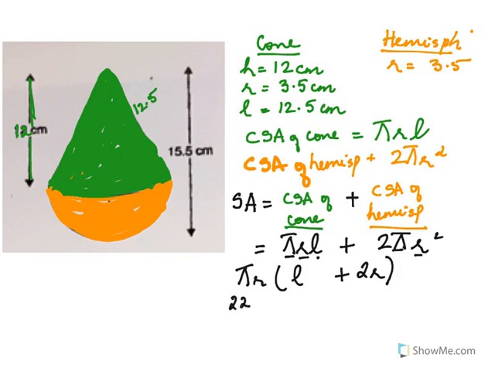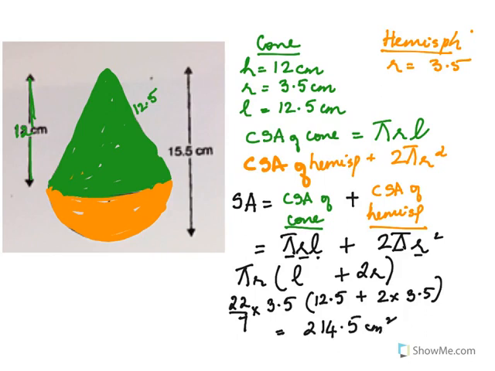Put the value here, 22 by 7. Your r is 3.5, your L we have already calculated is 12.5, and 2 times r, which is 3.5. On this calculation we get the answer as 214.5 centimeter square.